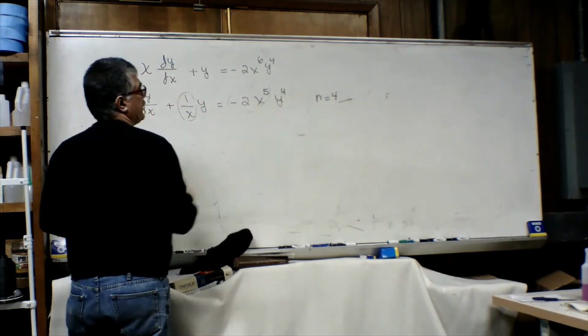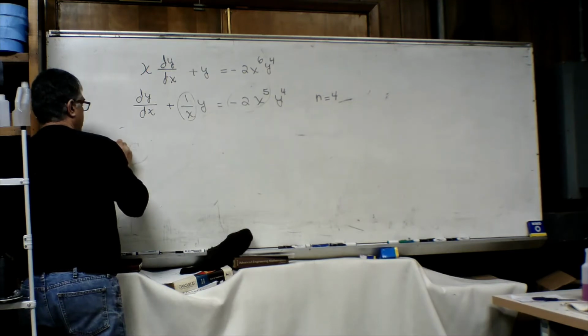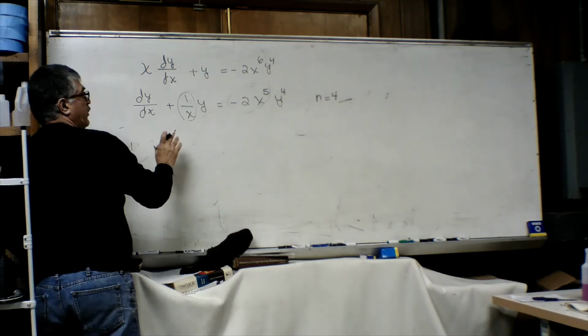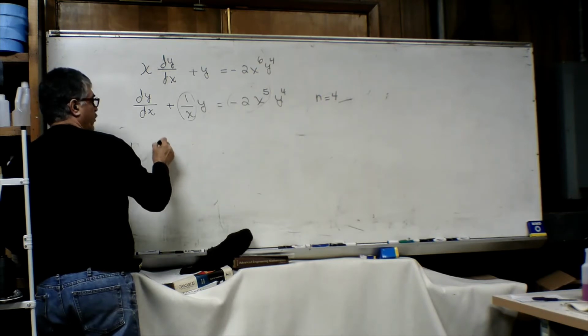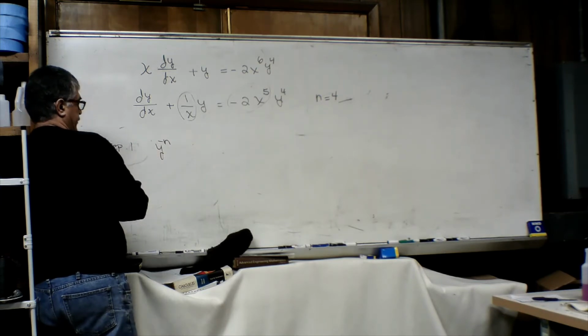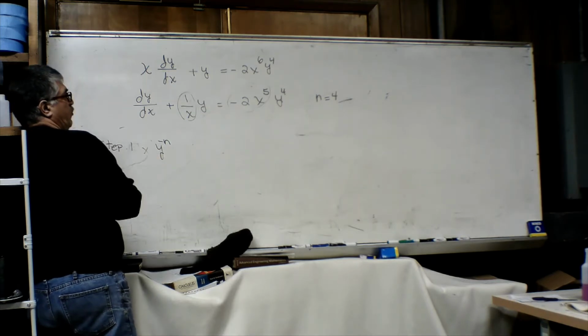So our n is equal to 4. So step number 1, we multiply both sides of equation by y to power minus n.